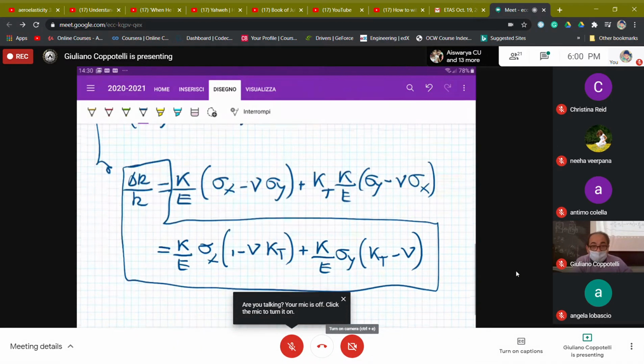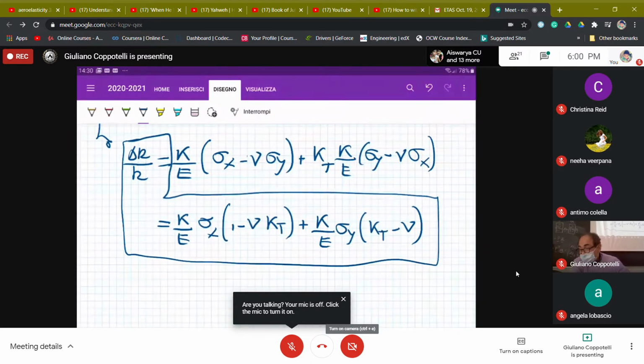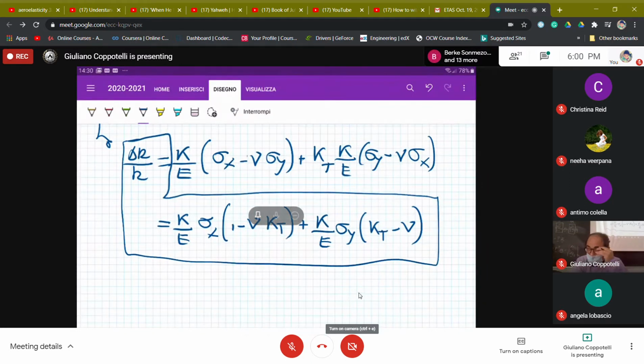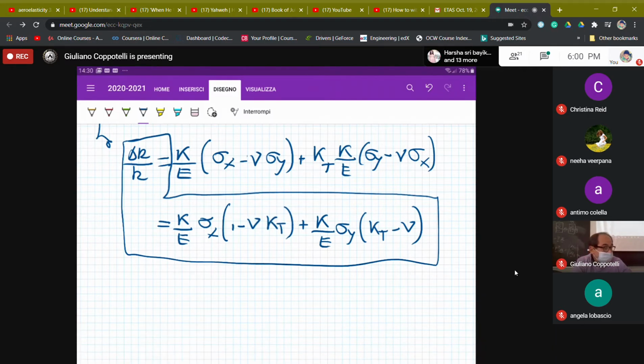Okay. Now we are designing the strain gauge so that we can have information on the stress and shear.